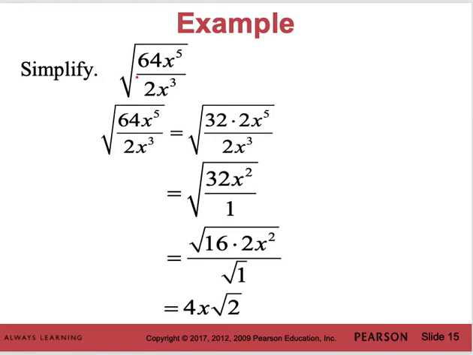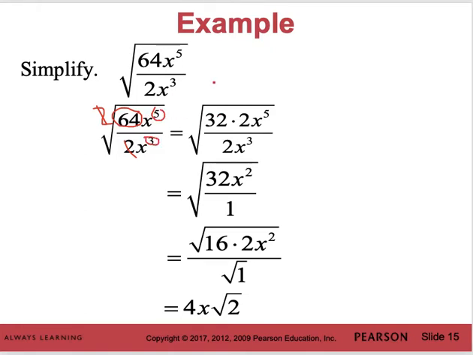Another example where we can simplify this even further, we can look at 64 and say, what two numbers can I multiply together? This is an even number. And if I did multiply by 2, then I could possibly cancel out our 2's, and I can look at my x powers and also cancel those out as well.